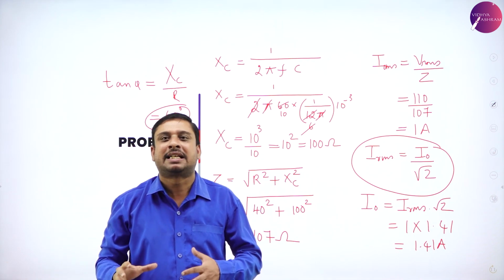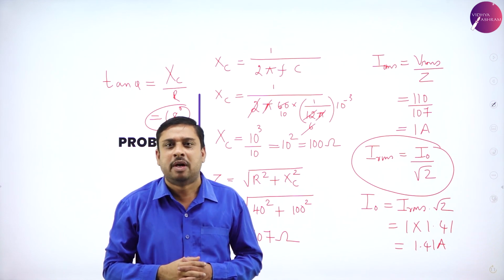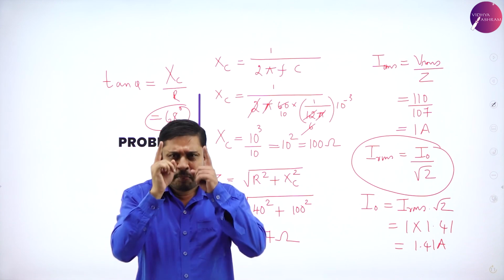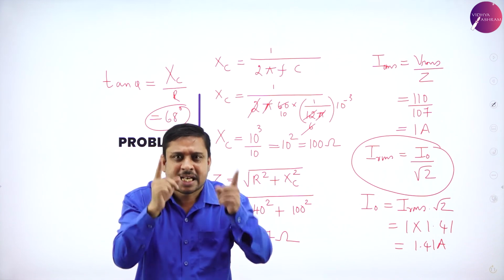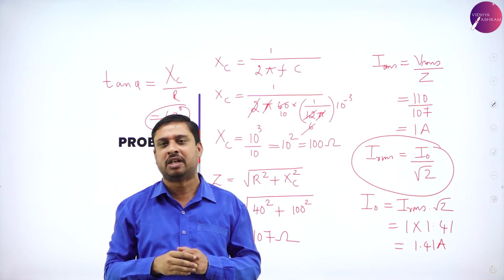So students, very clearly again, I have worked out problems which are superficially important. Practice this again. Make yourself thorough. Get that 5 marks with the 35th question.